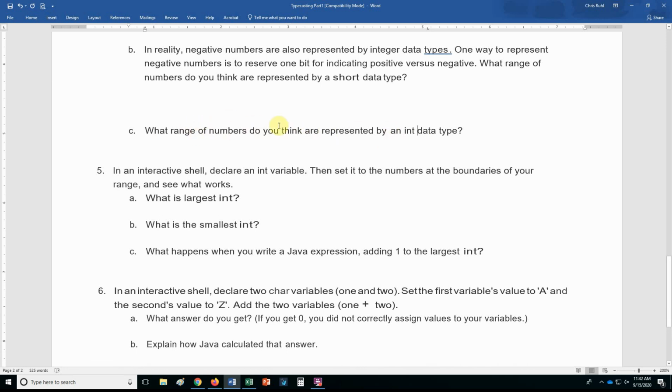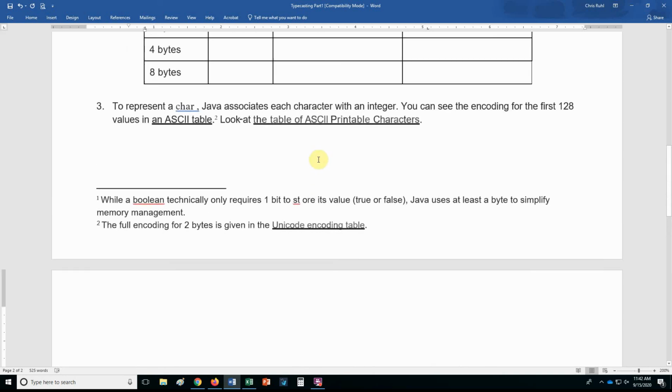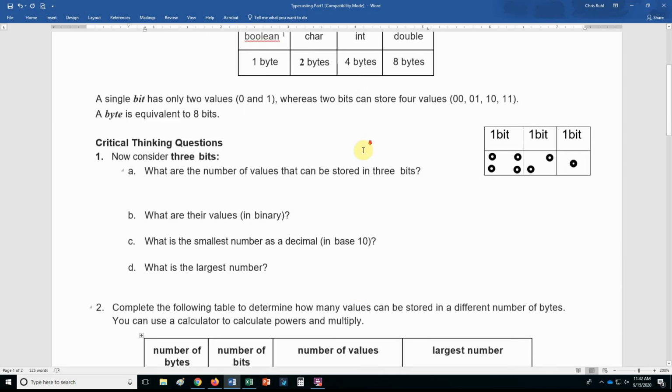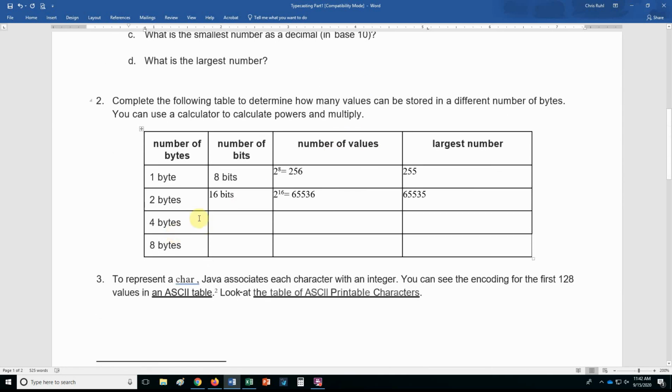What range of numbers do you think are represented by an integer data type? All right, let's go back up to the top of our paper. An integer takes up 4 bytes. Now 4 bytes, 8 times 4 is 32 bits. And 2 to the 32nd, whatever that number is, is the number of values.